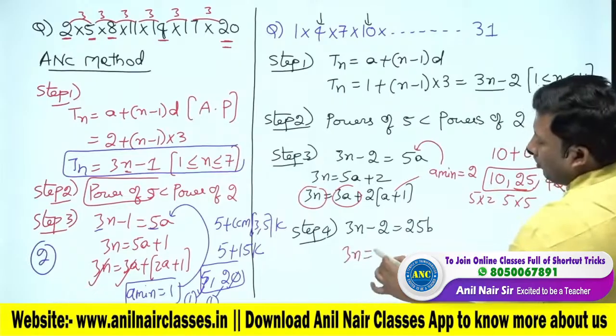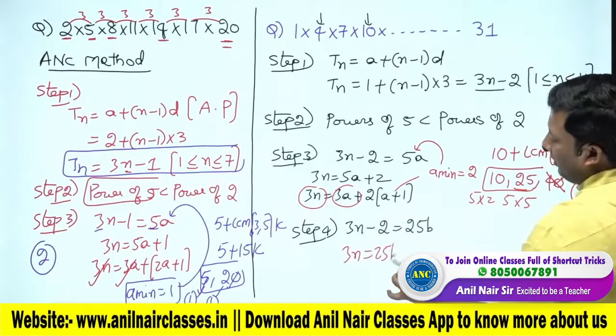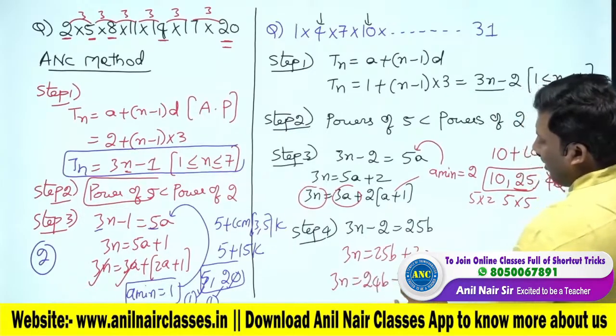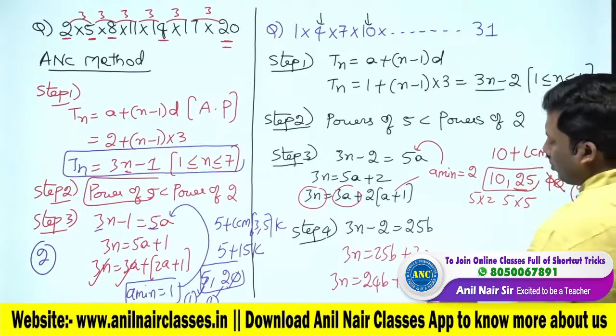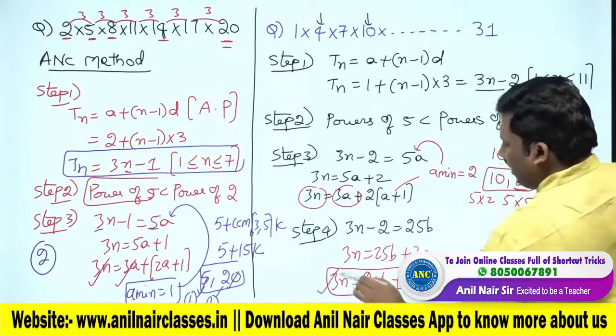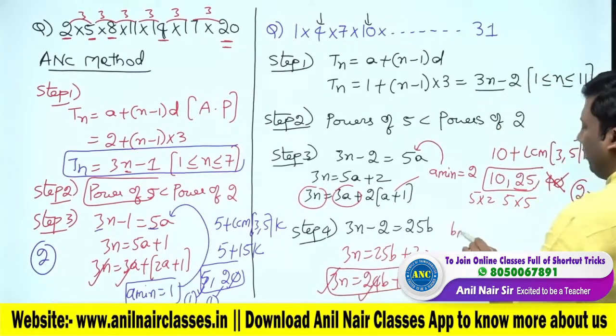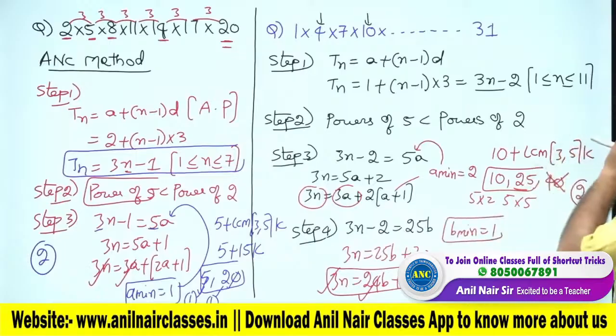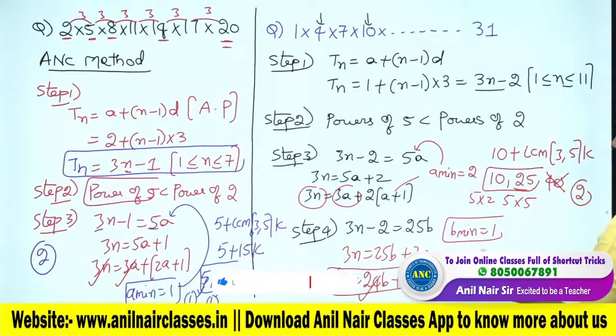3n equals 25b plus 2. So this can be written as 24b plus b plus 2. This will be divisible by 3, so b minimum will be 1. 25 ones are 25, and it is divisible by 3 and 25.